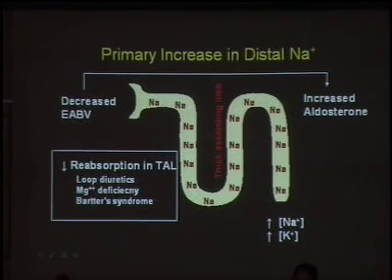So again, a patient with a primary increase in distal sodium delivery, because of diuretics. We give Lasix or other syndromes that mimic Lasix. Then Lasix inhibits the sodium-potassium-chloride exchange at the thick ascending limb. Then sodium would go down distally.